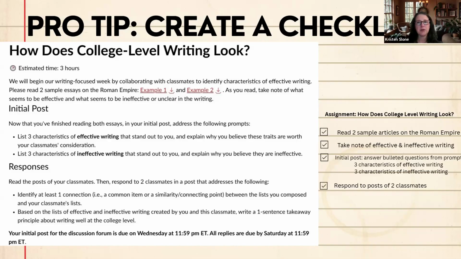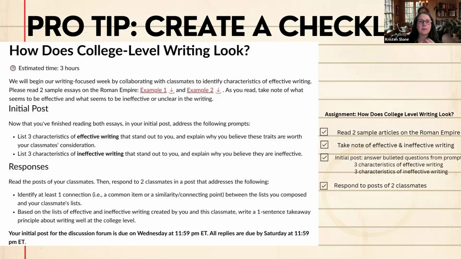Then in my initial post, I need to answer the bulleted questions from the prompt: list 3 characteristics of effective writing, 3 characteristics of ineffective writing, and explain why these traits are worth your classmates' consideration, or why I believe they're ineffective. The last task I need to do to finish this assignment is to respond to the posts of two of my classmates.